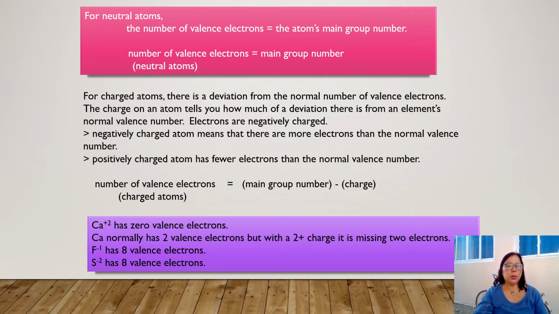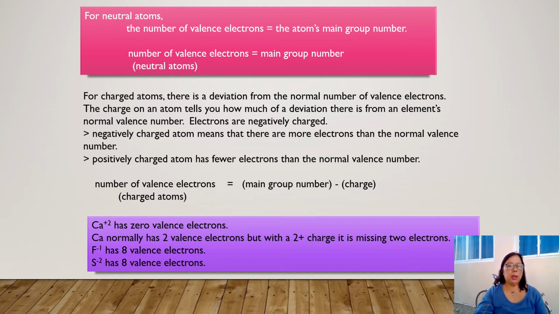Calcium normally has 2 valence electrons, but with the charge of 2, it is missing 2 electrons. So 2 minus positive 2, the number of the group, that makes it 0.